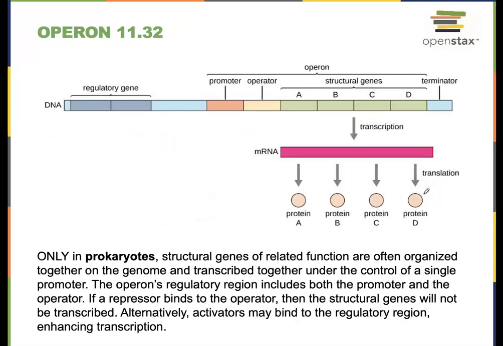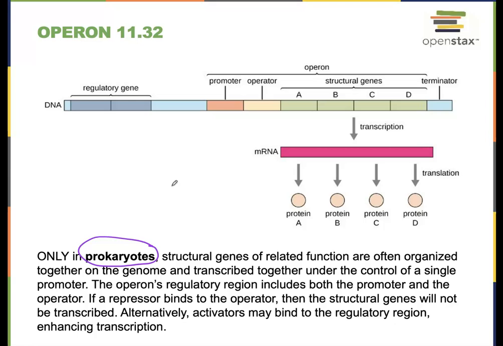All right. And then the last subject in this is an operon. So an operon is only in bacteria, only in prokaryotes. It is because the bacterial genome is so much smaller than ours.